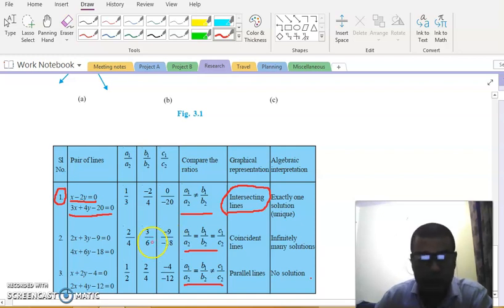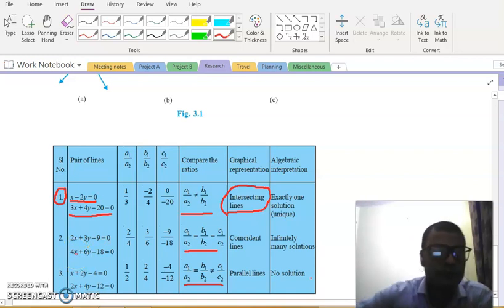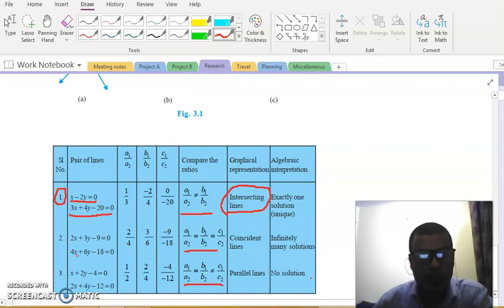Let the other condition be 2x plus 3y minus 9 equal to 0, and 4x plus 6y minus 18 equal to 0. If this condition comes out, a1 upon a2 equal to b1 upon b2 equal to c1 upon c2, if all three ratios come equal, then you say the lines are coincident and infinitely many solutions exist.